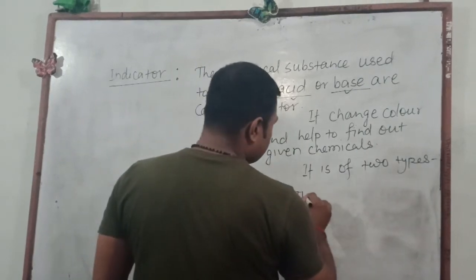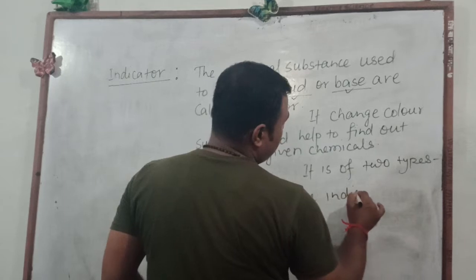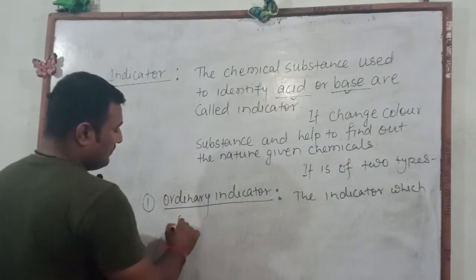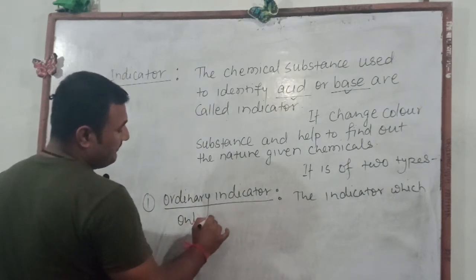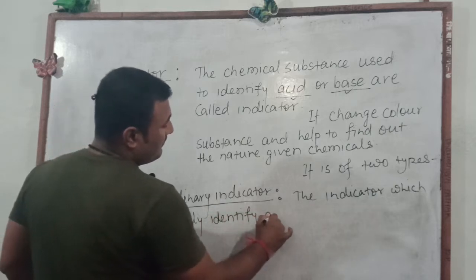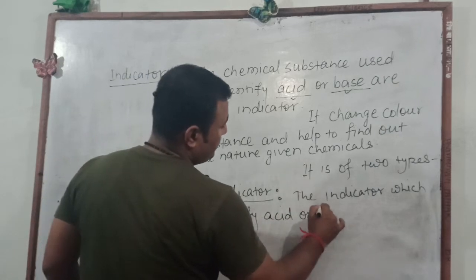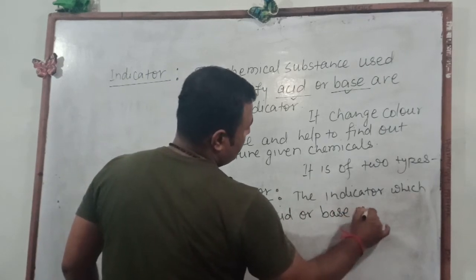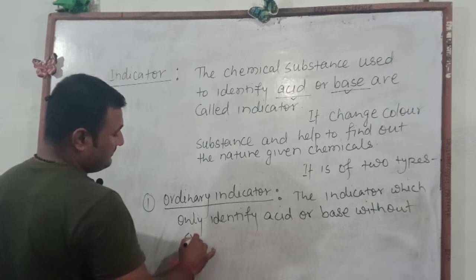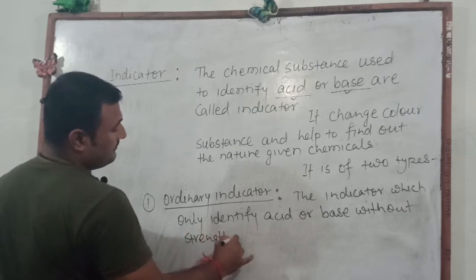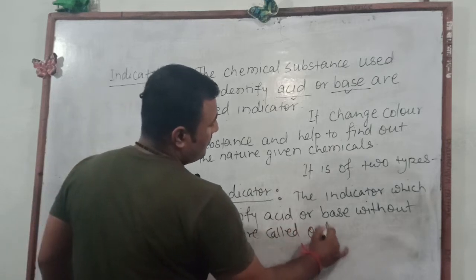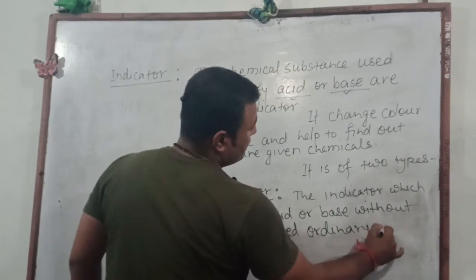And here, the indicator which only identifies acid or base without strength is called an ordinary indicator.